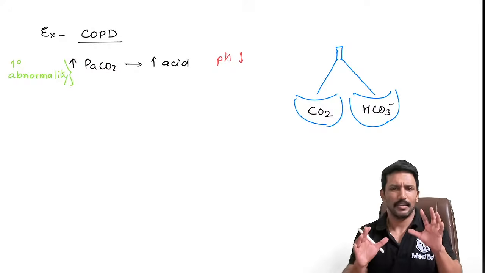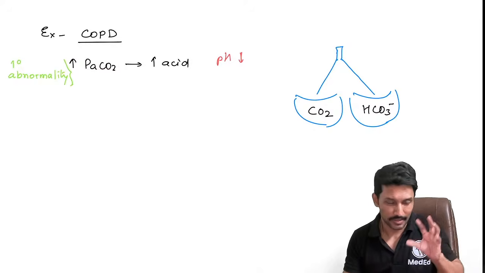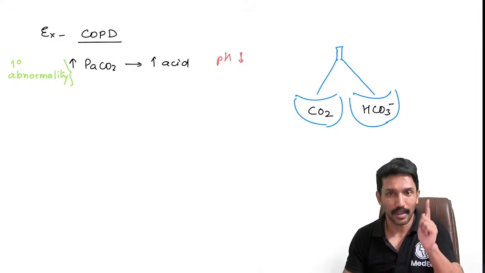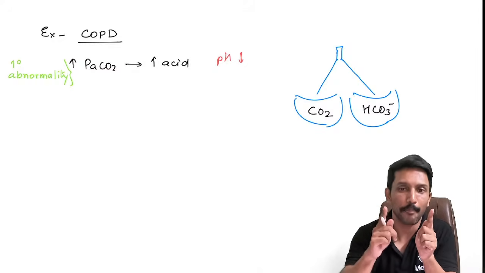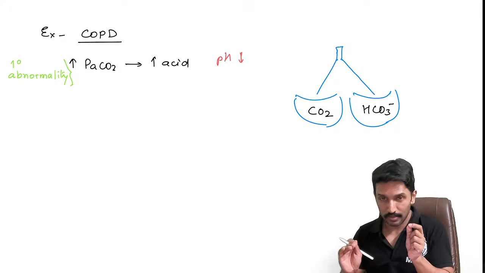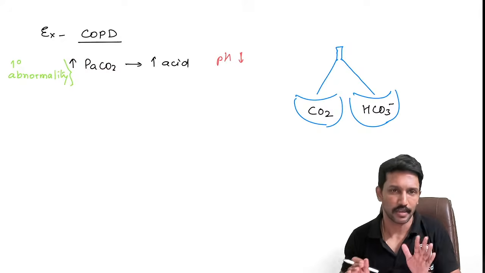Yes, I have to basically neutralize. If there is excess acid, I have to neutralize. So I have to add more base. So if acid increases, to compensate, base increases. Or if base decreases, to compensate, acid decreases.